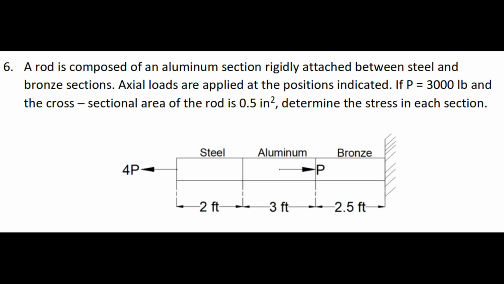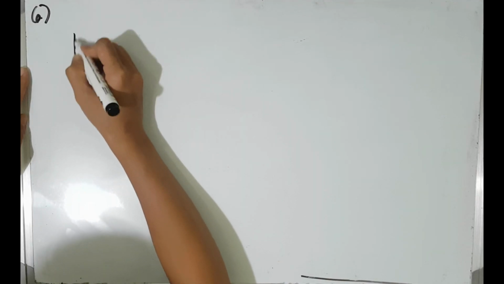For example number 6, a rod is composed of an aluminum section rigidly attached between steel and bronze sections. Axial loads are applied at the positions indicated. If P is equal to 3,000 pounds and the cross-sectional area of the rod is 0.5 square inches, determine the stress in each section.